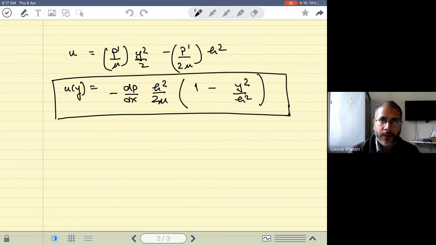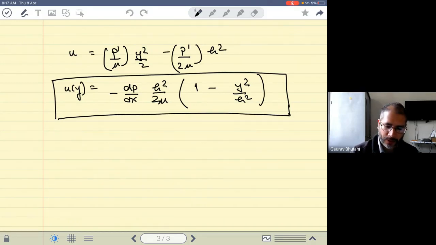All right. So this is a parabolic relation, as we can see. So this u varies with y as a function of y squared. Right? And as we can see from this relation, the reason I took a minus sign common out was because dp by dx is negative. We saw that.